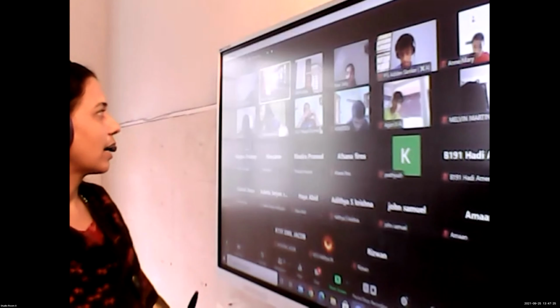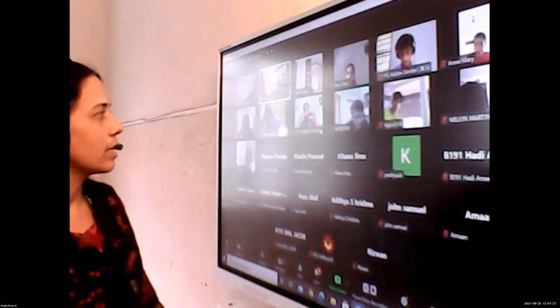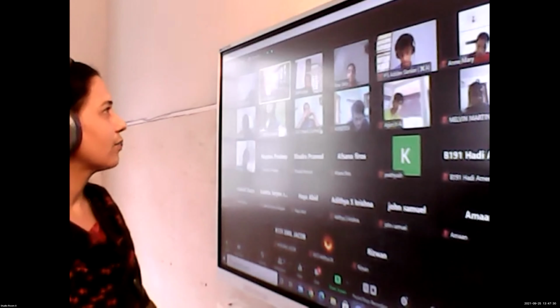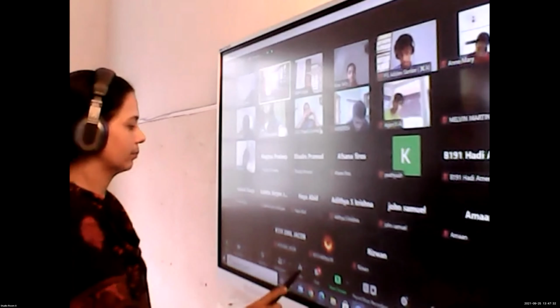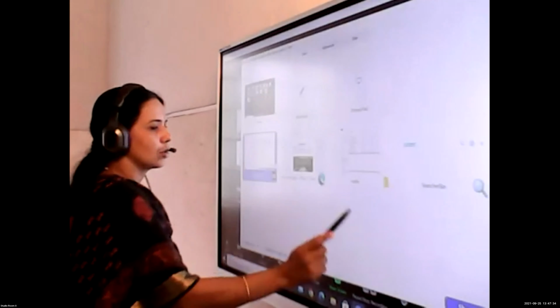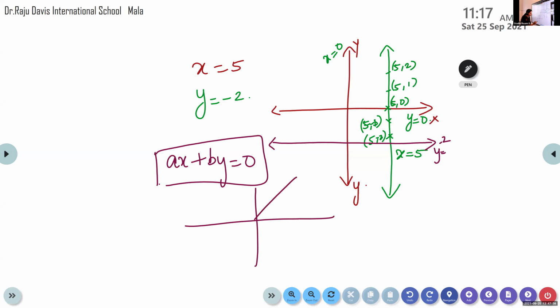No need to draw the graph and all. Whenever the constant term is 0, we can say that the graph passes through the origin. The graph will be in this form or this form. The line passes through the origin whenever the constant term is not there.